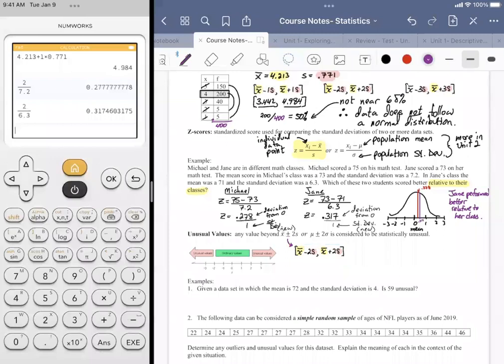This is what we call the usual interval, which means anything that's not in that interval would be unusual. Or if your z-score is less than -2 or greater than +2, the corresponding X value is unusual.